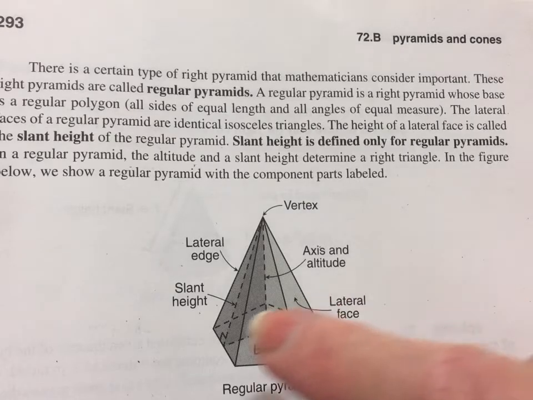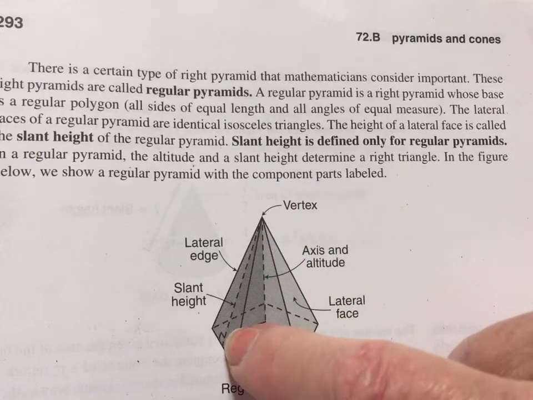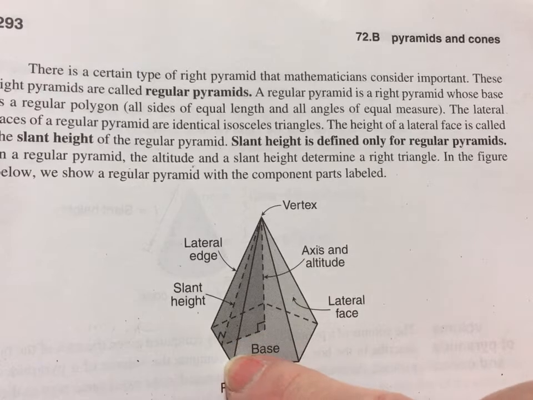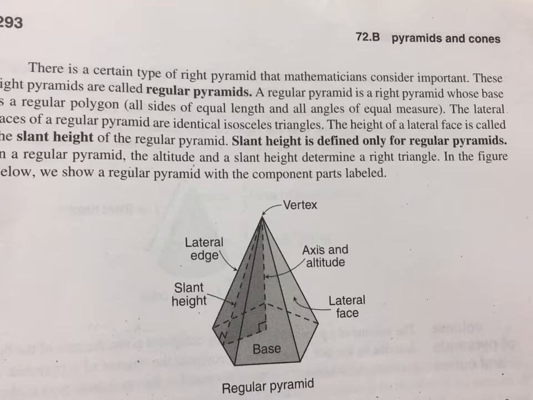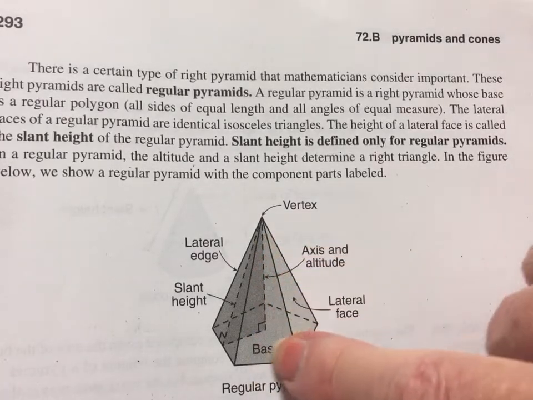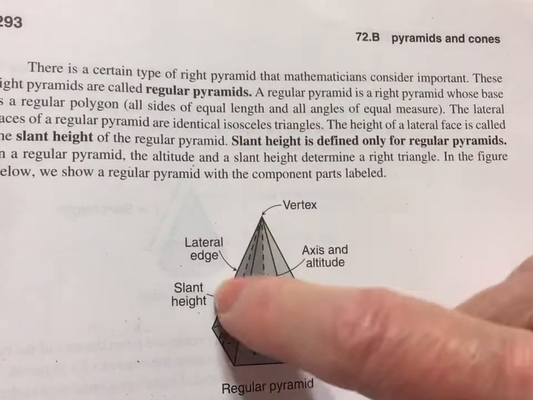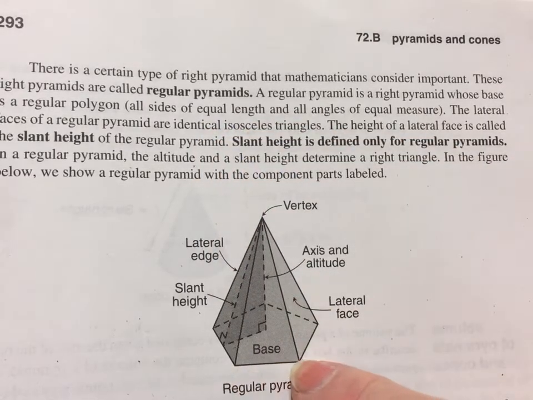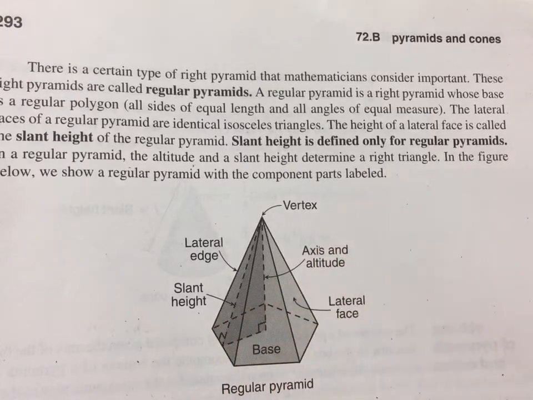So all of these are lateral sides here, okay, and each one right in the middle, you can see there's a right angle here, and it goes straight up through the center of the triangle. Now remember that each one of these triangles is isosceles, and each one of the triangles all the way around is identical because each one of these bases is exactly the same length, okay?